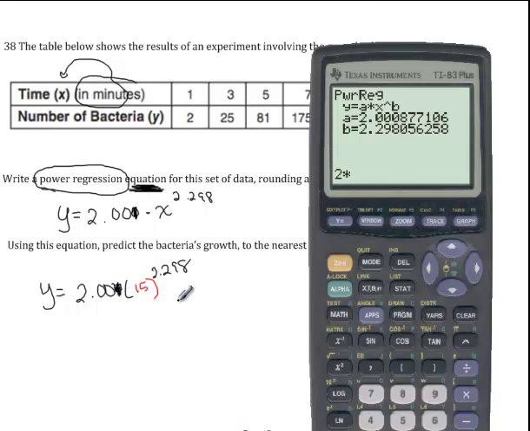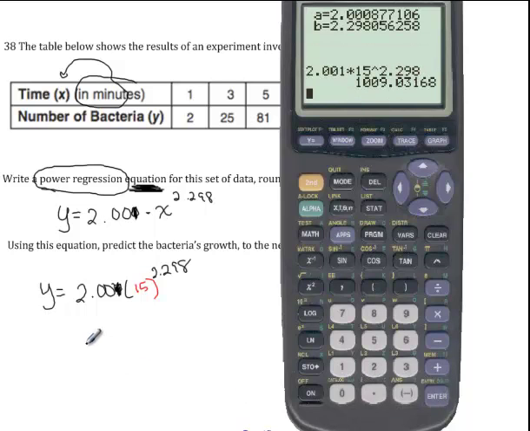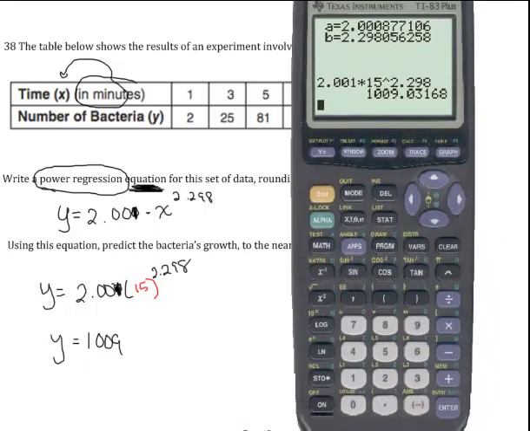Okay, so let's do this now. 2.001 times 15 to the 2.298. Y equals 1009, and we want to reduce it to the nearest integer. So that is my answer.